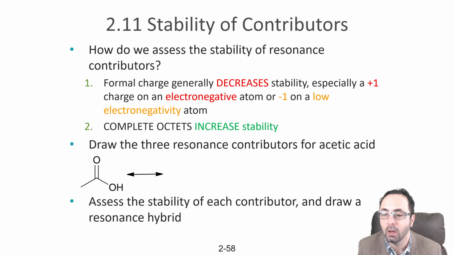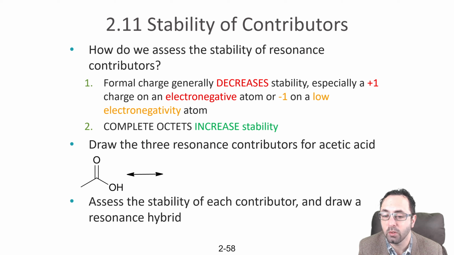For example, we would not generally write resonance structures with a positive formal charge on oxygen, as they are definitely not very stable. Or resonance structures with a negative formal charge on carbon are very unstable.